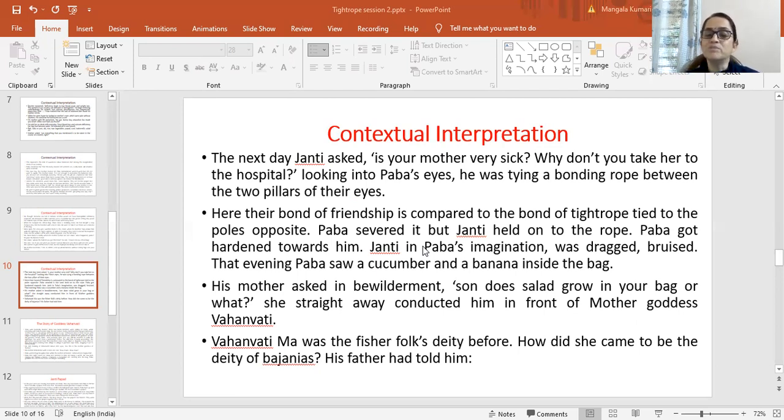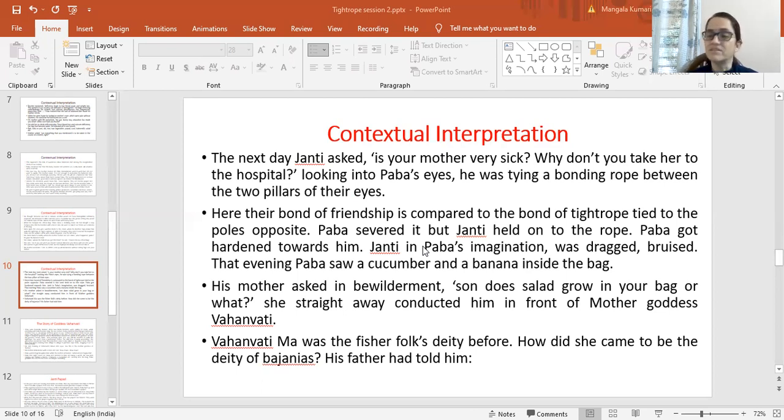Their bond of friendship is compared to the bond of tightrope tied to the opposite poles. Jatinda belongs to higher caste Banyas, and Paba belongs to lower caste Bajania. These are the two opposites, and they are tied together here by friendship.